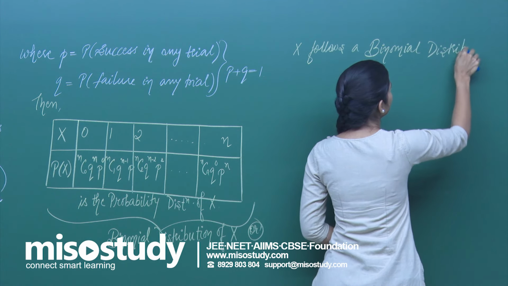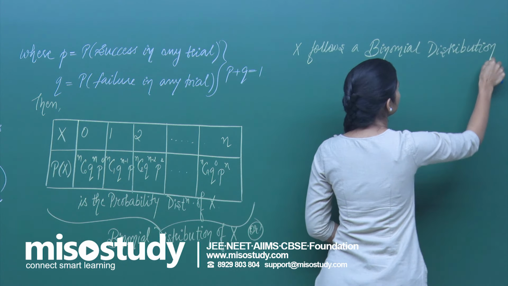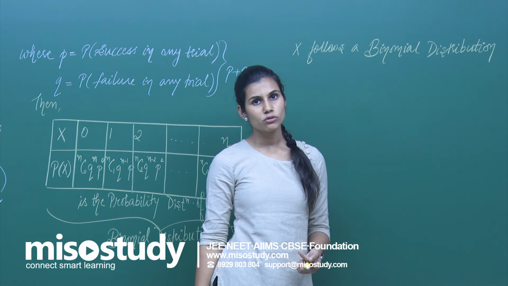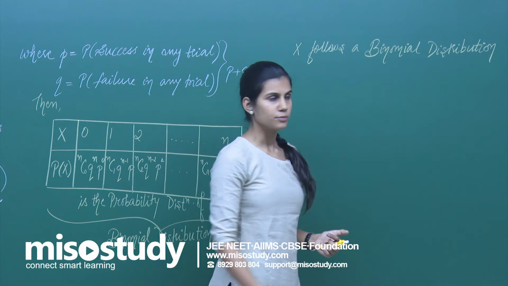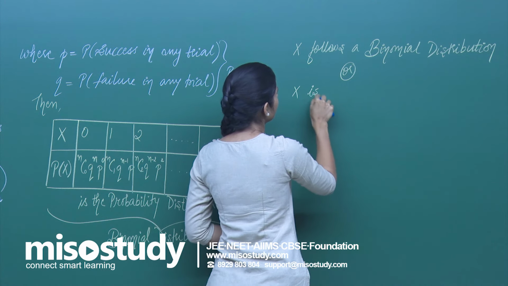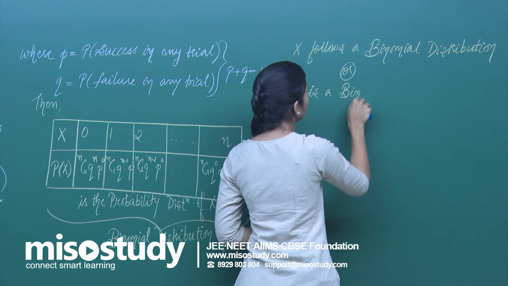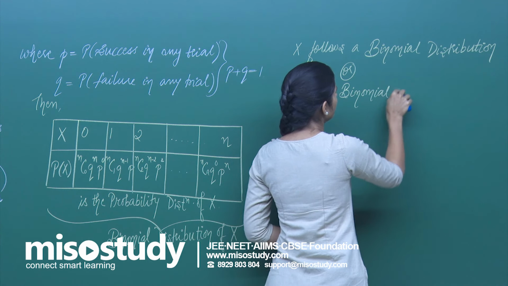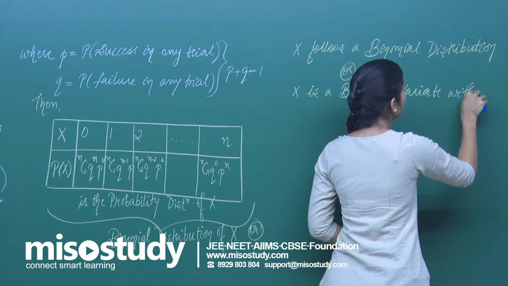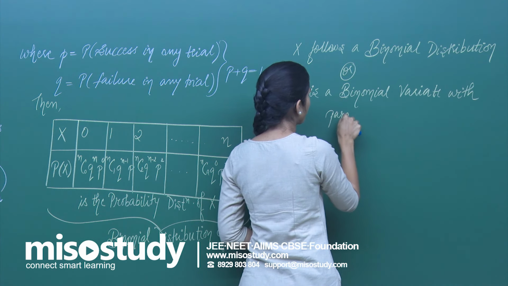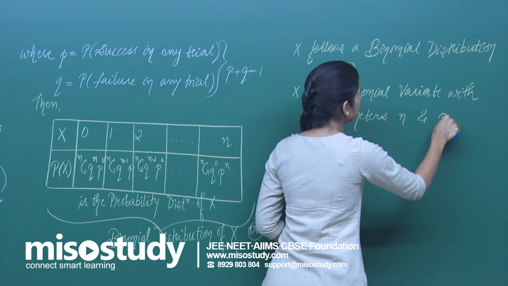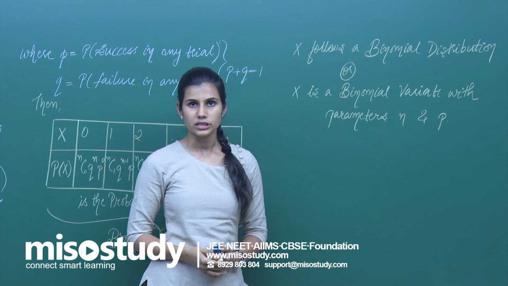X is a random variable whose probability distribution, if it looks like this, wherein the probabilities are nothing but terms of binomial expansion q plus p whole to the power n, is said to follow a binomial distribution. Or you can say that X is a binomial variate with parameters n and p. Yes, this is the only thing which is important.